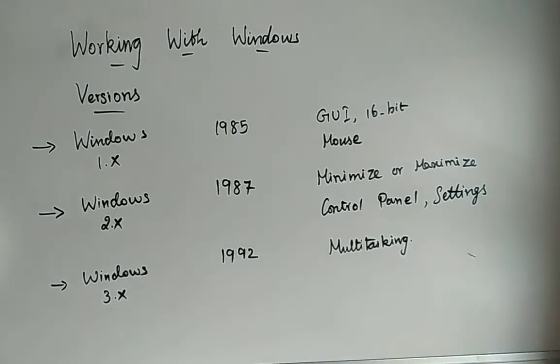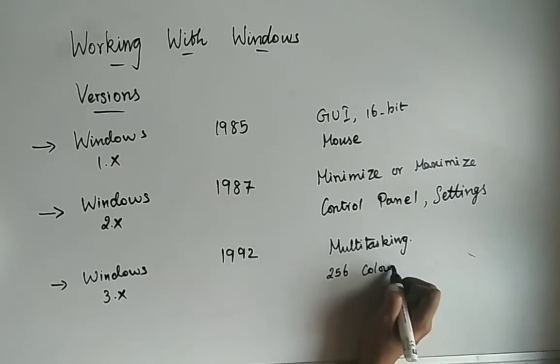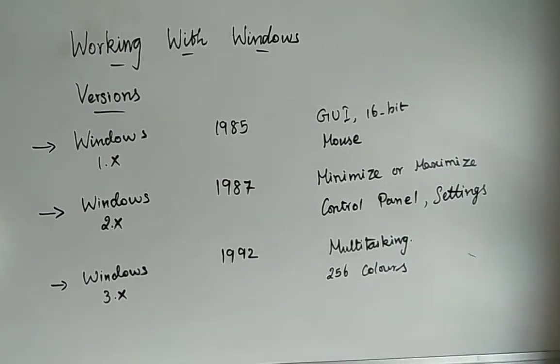Multitasking is nothing but multiple applications executing simultaneously in Windows. Here it also begins to support 256 colors, so now your interface is more colorful and more attractive. That is Windows 3.x.